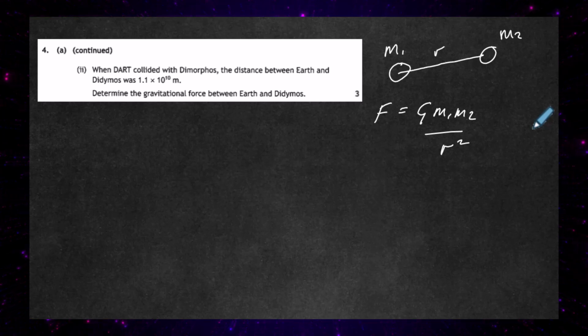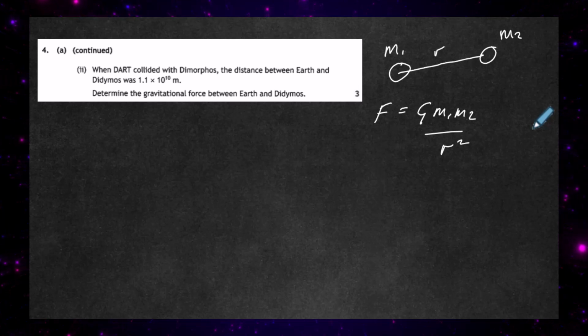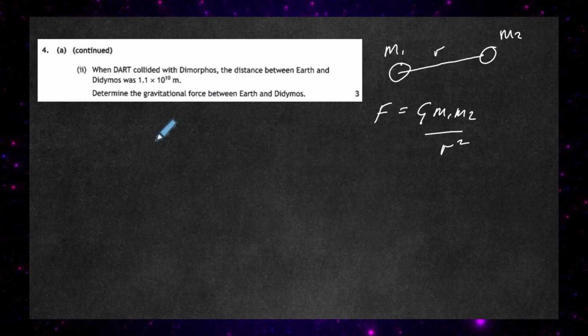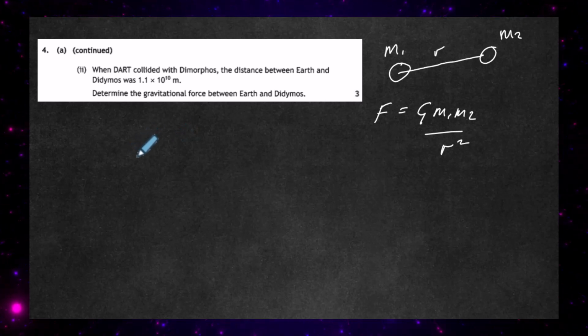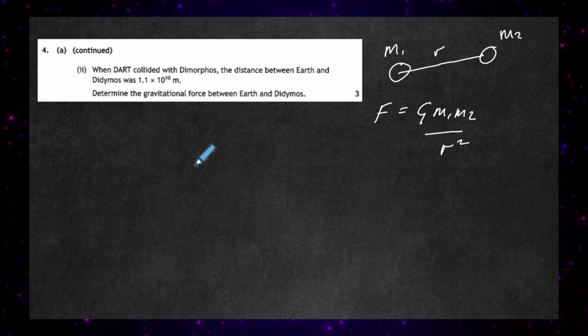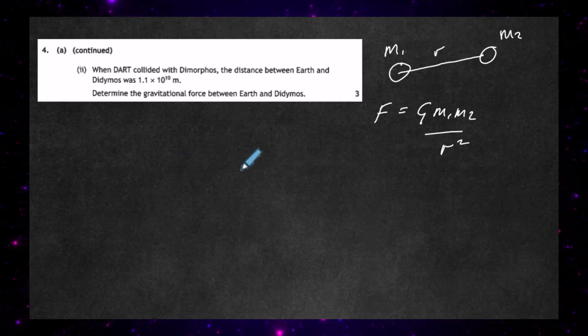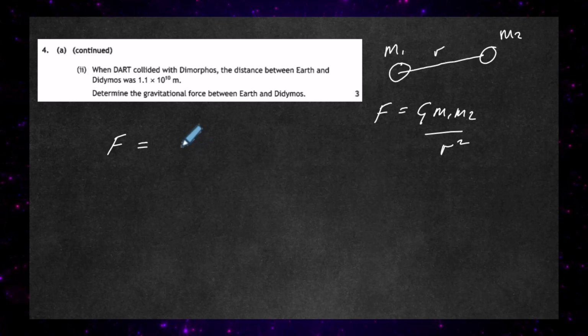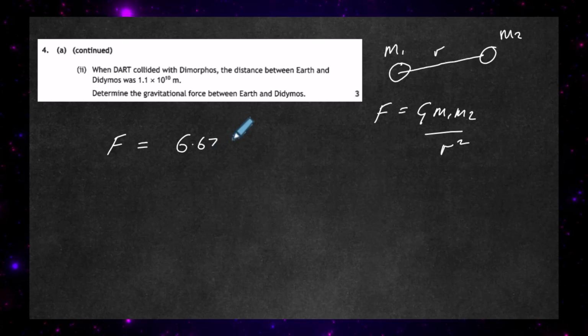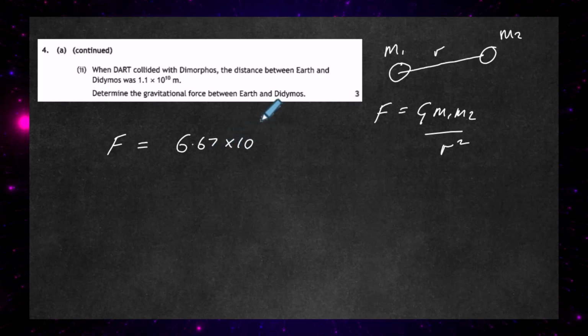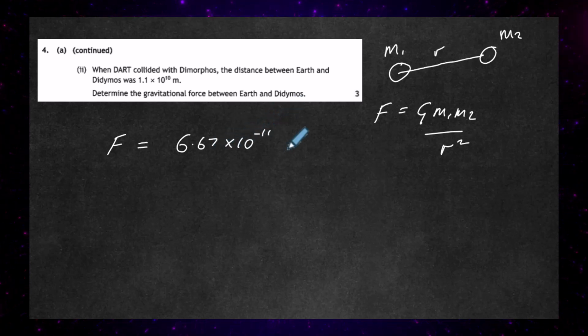We have the mass of the Earth, 6 times 10 to the power 24, and the mass of Didymos, 5.3 times 10 to the power 11. So we can put in our numbers now. The universal gravitational constant is 6.67 times 10 to the minus 11. I'll leave out the units for the moment.